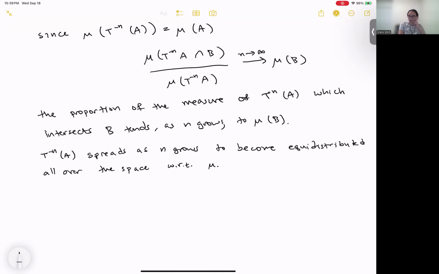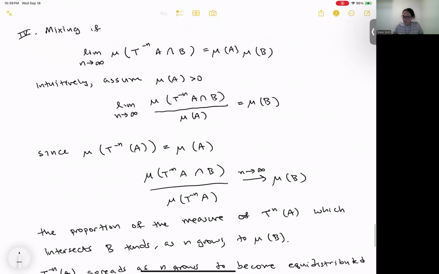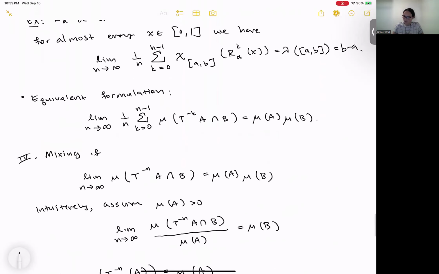All right, so if we can scroll back up to our equivalent formulation of ergodic and compare it to our formulation of mixing, you can think of ergodic as being mixing on average. So this idea of mixing in itself is a stronger formulation.